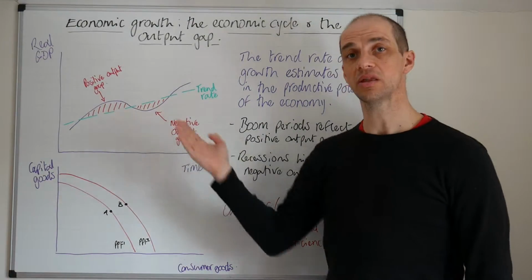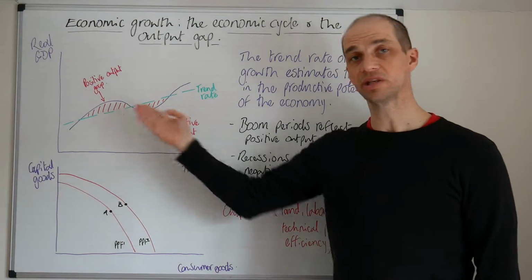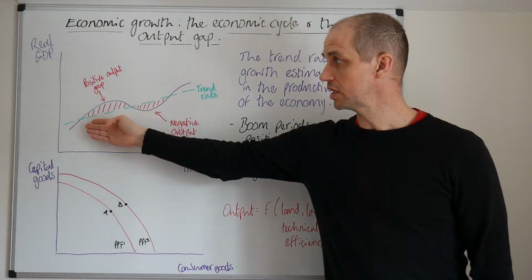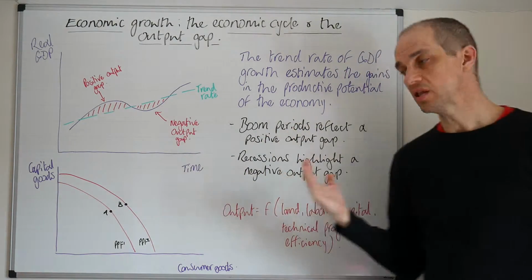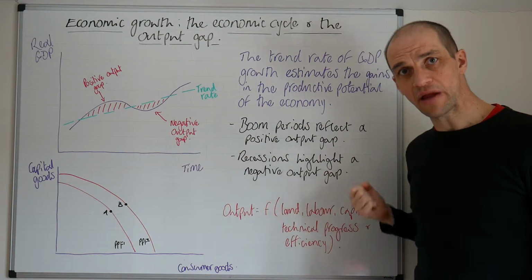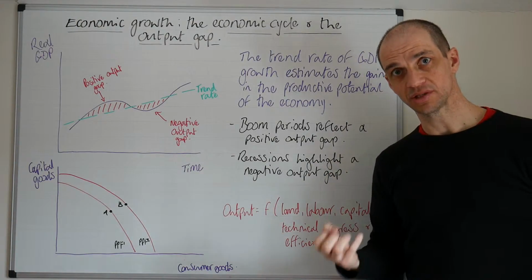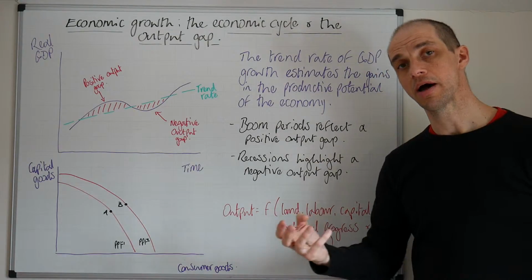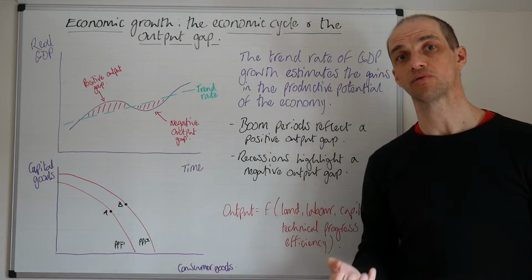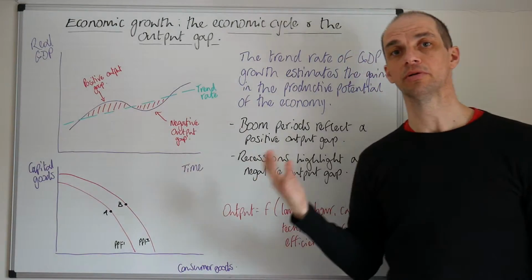Meanwhile, we can also see that there can be a positive output gap. Where we've got a positive output gap during this period of sustained growth or boom, these resources are being very effectively employed, but there might be other things taking place, such as increased borrowing, that may be generating far greater output as a result of this big boom phase.